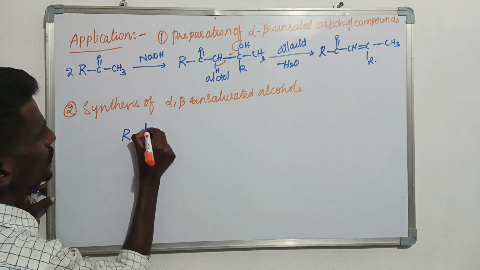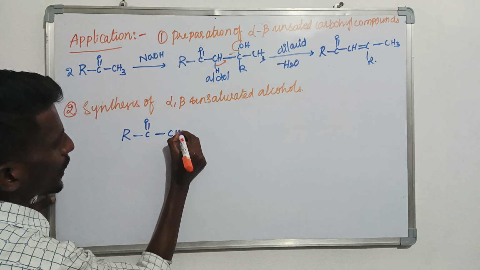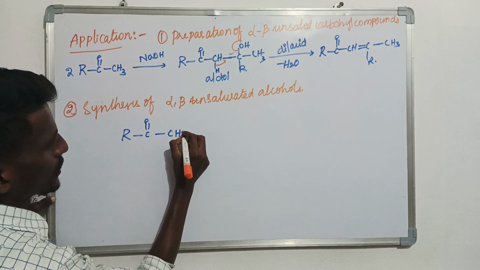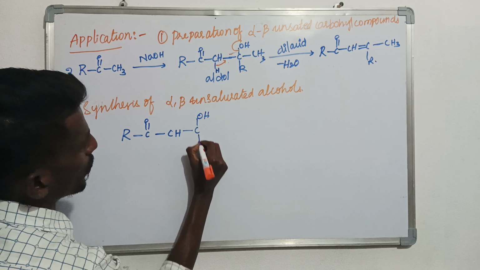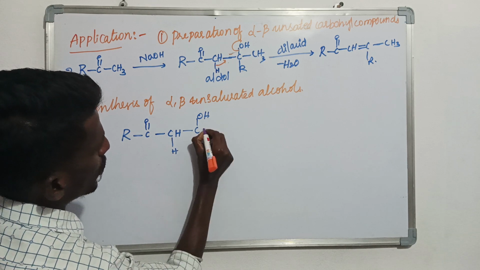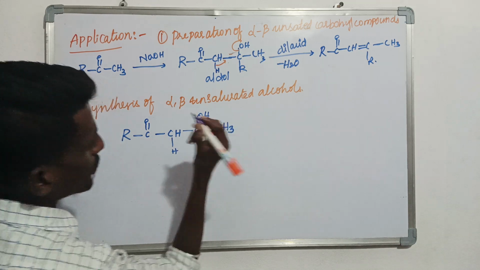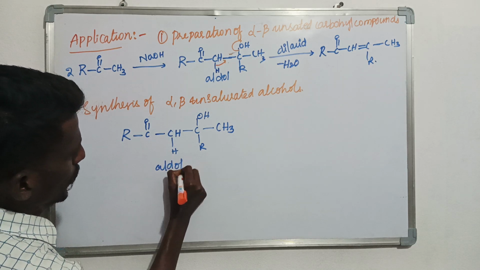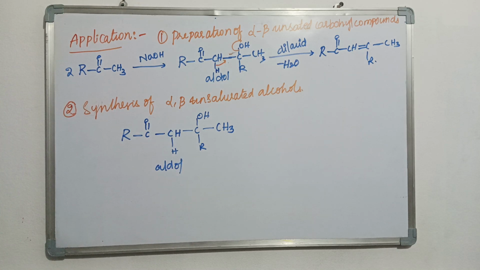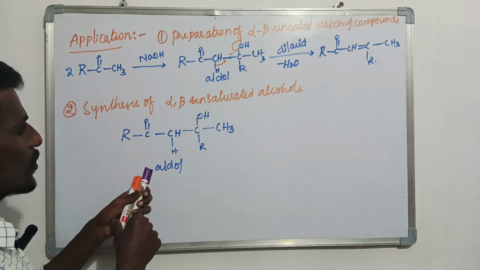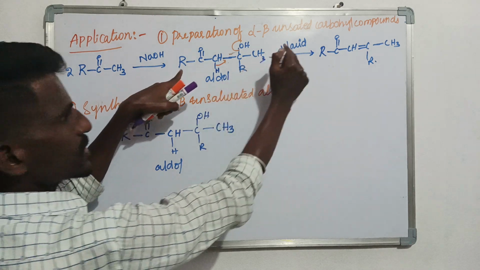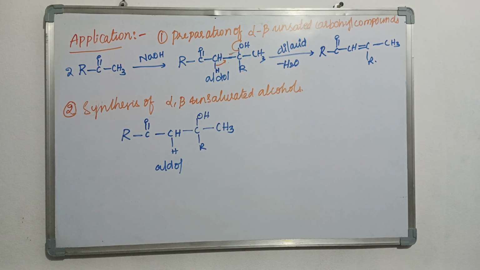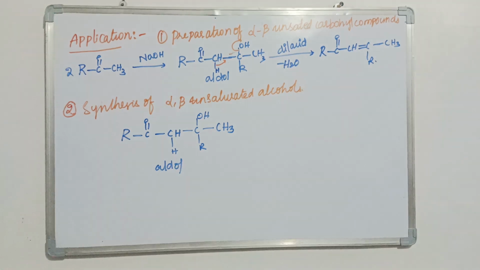This R C double bond O CH COH or CH3 is the aldol. Aldol is the product. Then this aldol undergoes dehydration in the presence of dilute acid, and it will form alpha beta unsaturated aldehyde or ketone as a product.